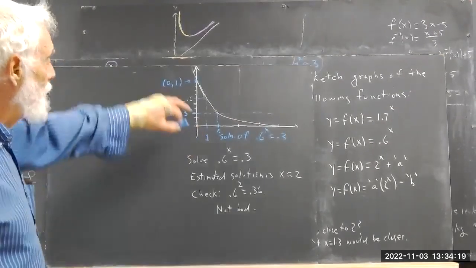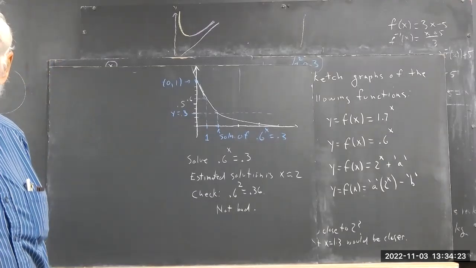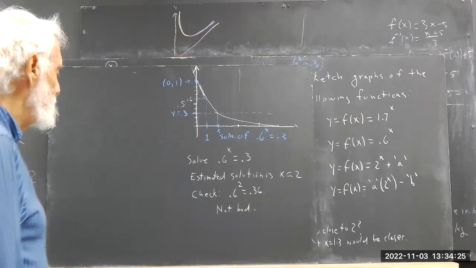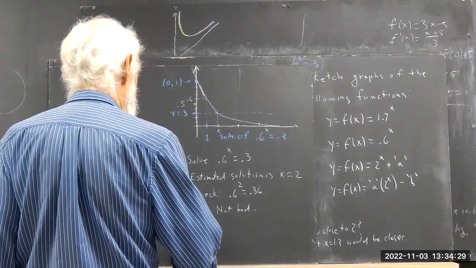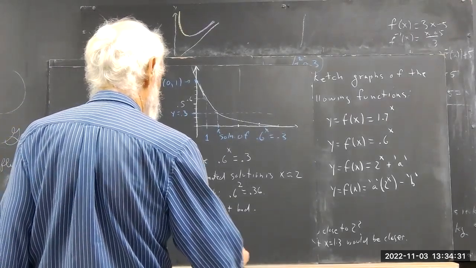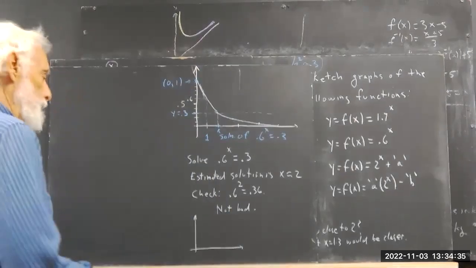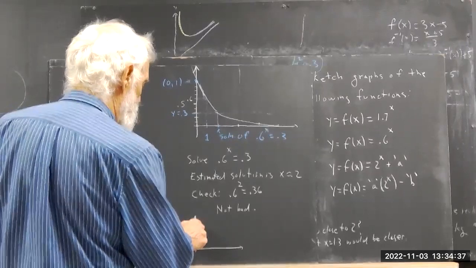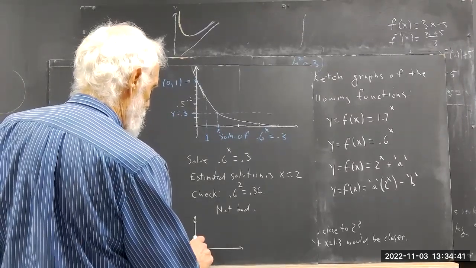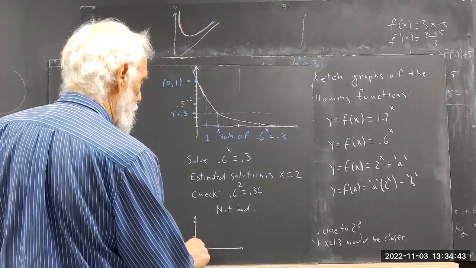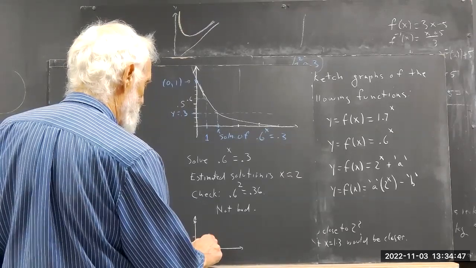Now, all the stuff I did to create this graph of the decreasing exponential, you can always create a graph of a decreasing exponential by putting a point on the y-axis and then going down to half that value and moving over some distance.